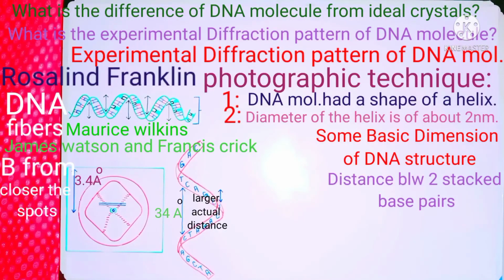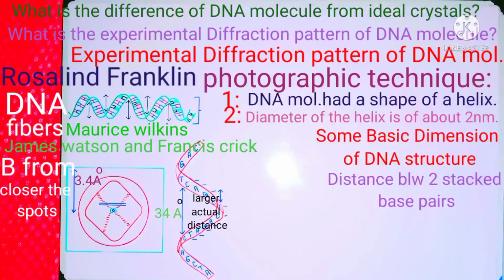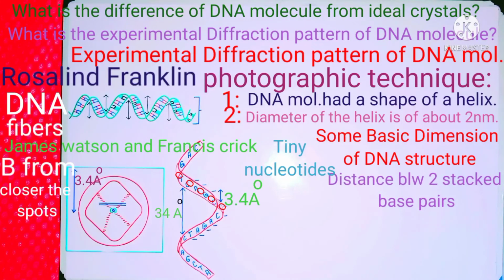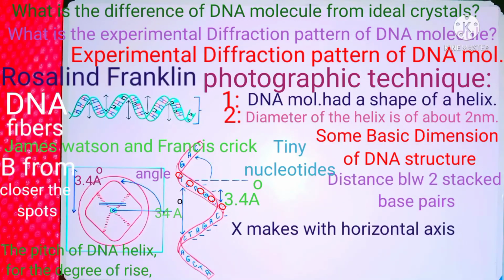Since the height of one helical repeat is 34 angstrom and the distance between two stacked base pairs is 3.4 angstrom, there must be ten nucleotides per helical repeat. The pitch of the helix, or the degree of rise, can be calculated from the angle the X makes with the horizontal axis, like distorting the helix.